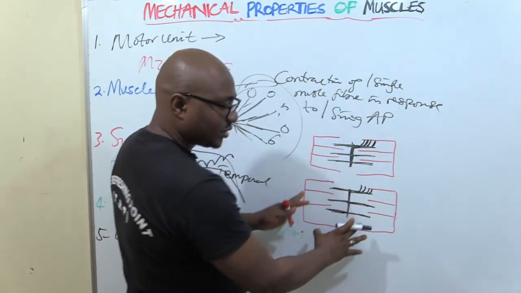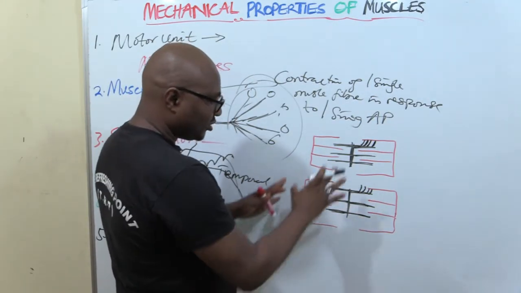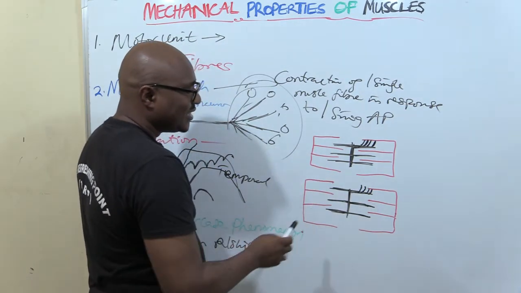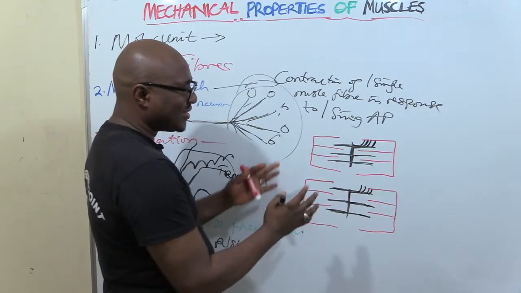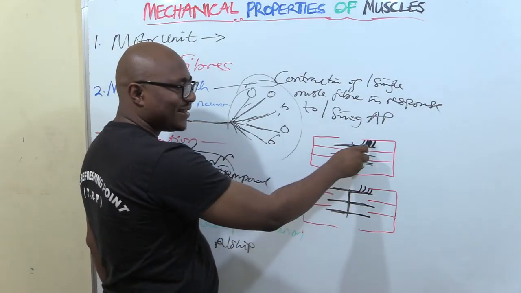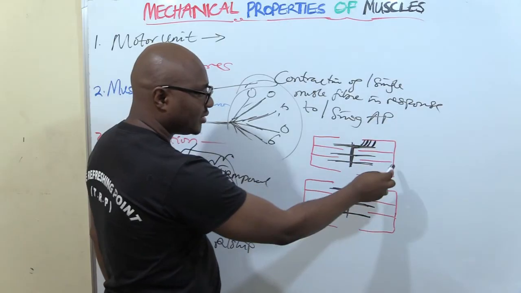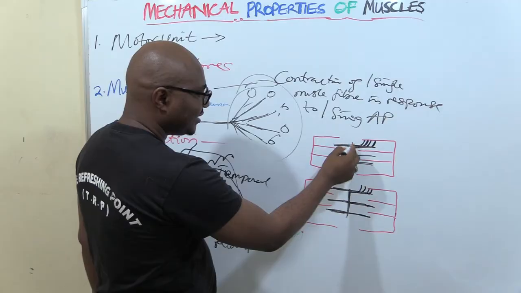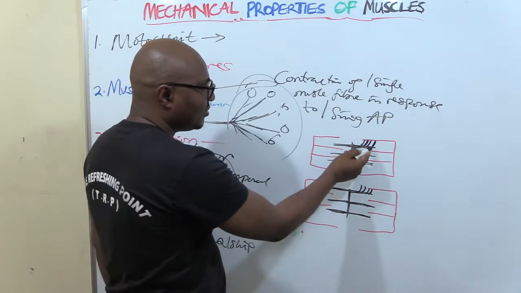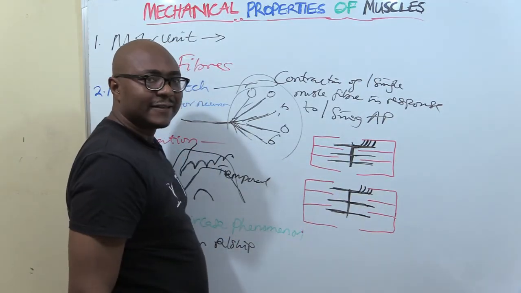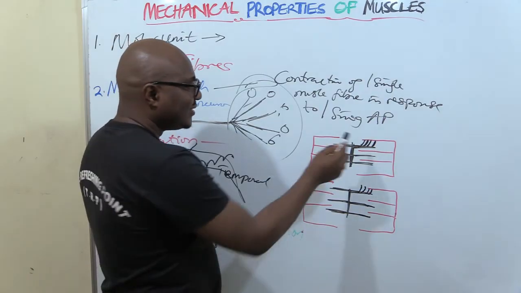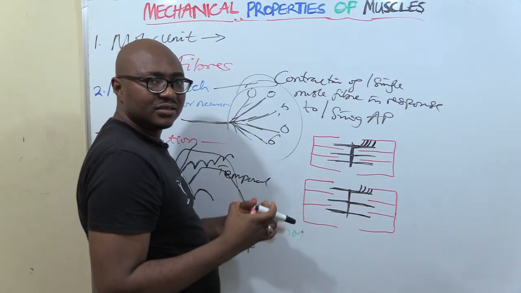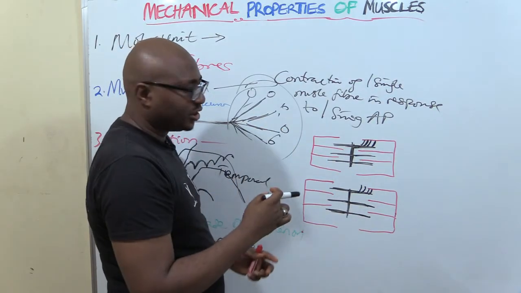Now there are three scenarios. I didn't draw three, but I just drew two, which is sufficient to explain it. Contraction has to do with the contact between the myosin head and actin. This red one is the actin, the thin filament, while this black one is the thick filament. Myosin head contacting the actin. There are different points at which each head can contact. The contact is called a cross bridge.